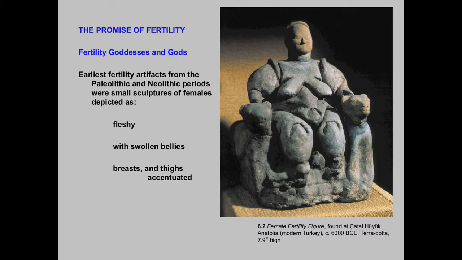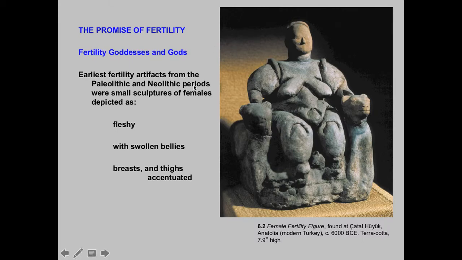Fertility for a lot of cultures is not just the mother being pregnant. It's also to do with the abundance of the harvest, right? So that there's enough rain coming, and there's a lot of fruit on the branches and that kind of thing.